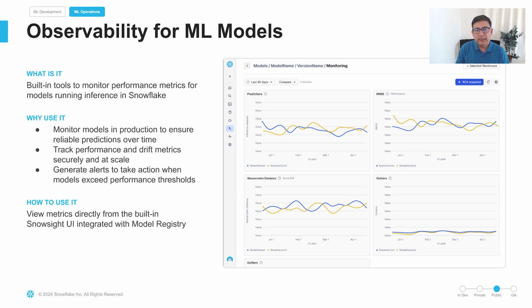Here, once your model is deployed in production, you can track its performance using a variety of metrics that are automatically computed on model predictions. And if your defined thresholds are exceeded, you can ensure that the right person or process gets alerted. And so you can take appropriate action, such as downgrading the model or training the next iteration of the model. All of these observability tools can be accessed from the model registry UI in the monitoring tab.